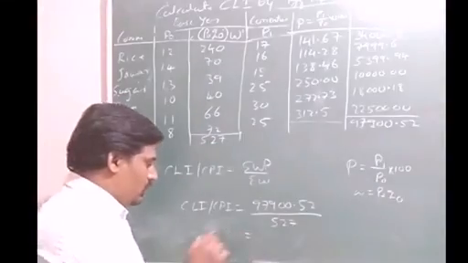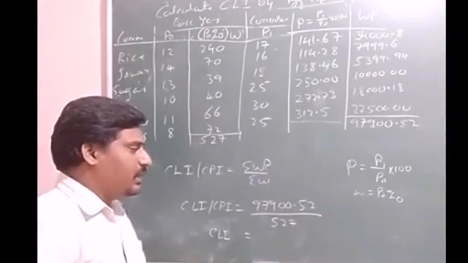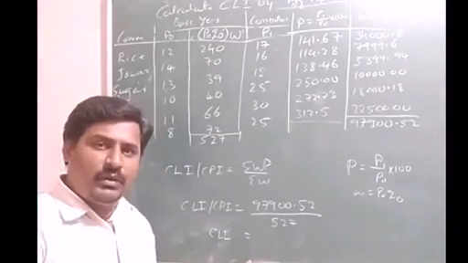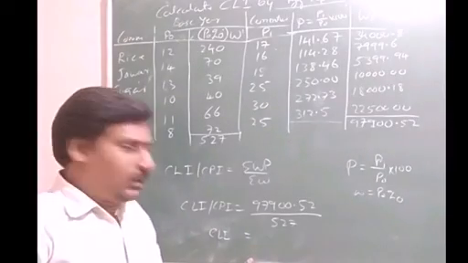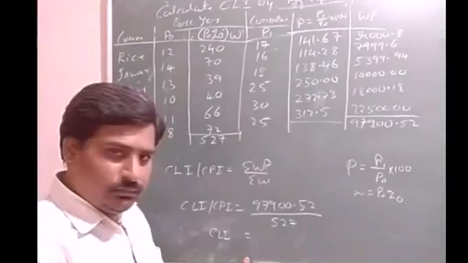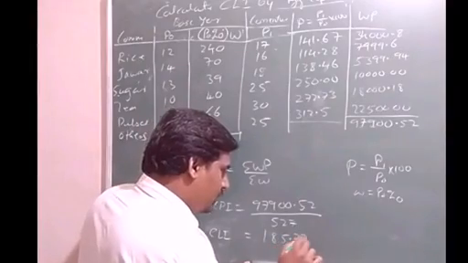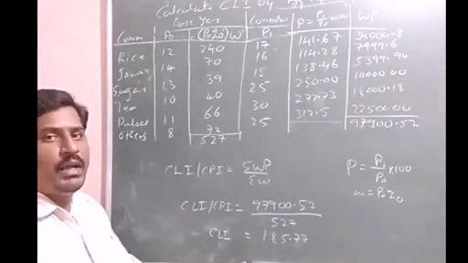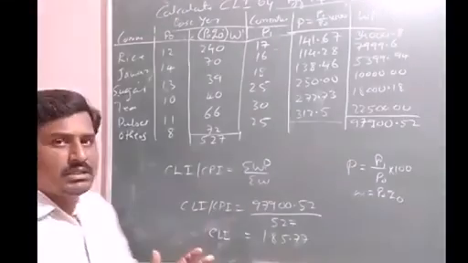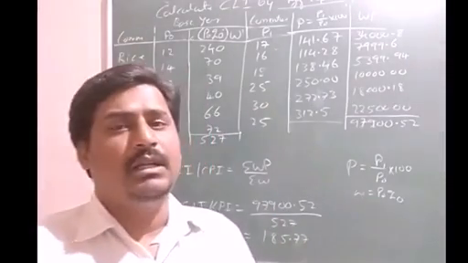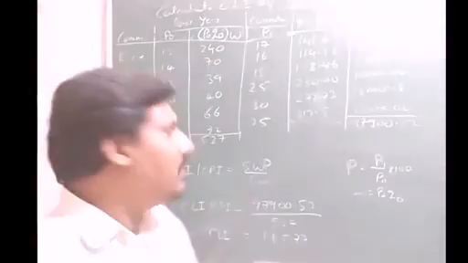So CLI is equal to how much? 97,900.52 divided by 527 is 185.77.